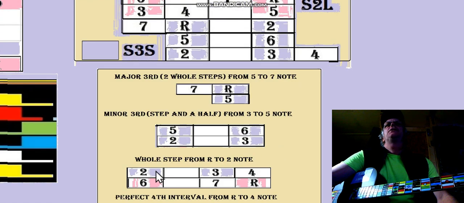When R goes to a 4, that's a perfect fourth. Here's a perfect third. And here's a whole step, from R to 2. So that's an interval there.